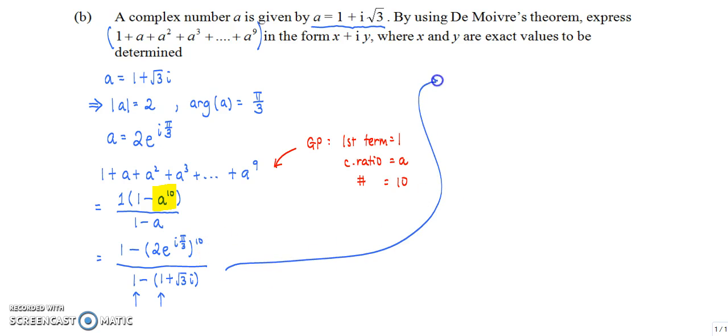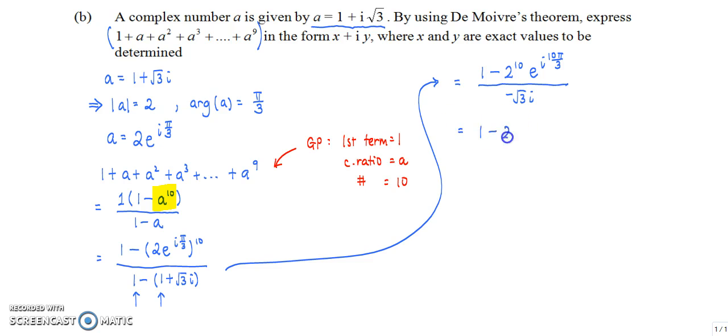Let's now take a look at the next step. To apply De Moivre's theorem, it is now equal to 1 minus 2 to the power of 10 e to the power of i times 10 pi over 3, the whole thing divided by negative square root 3 i. So what shall we do right now?